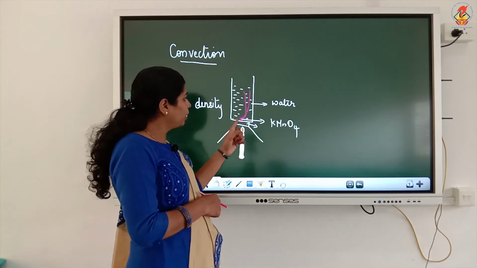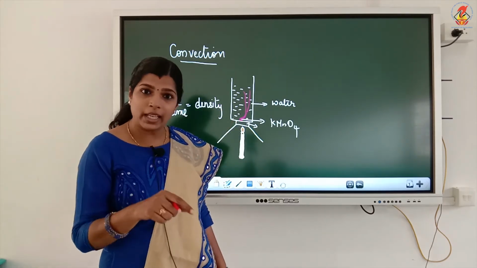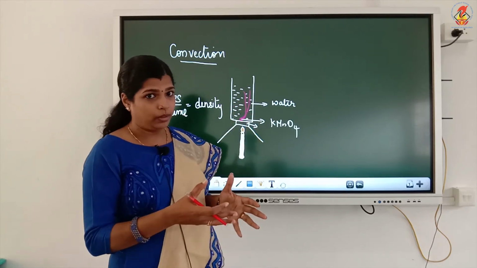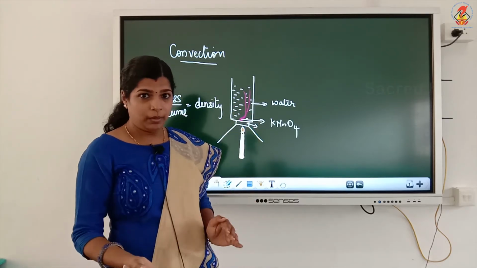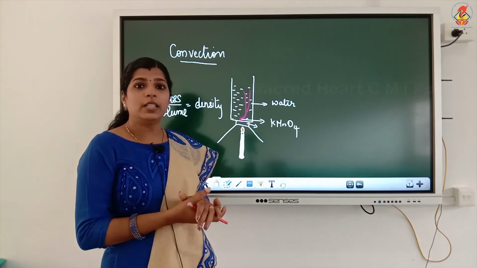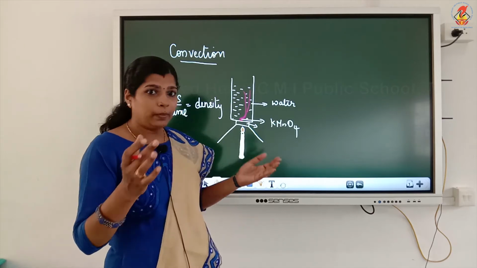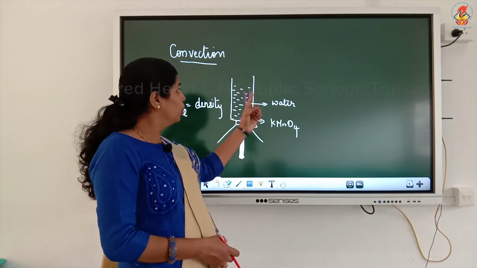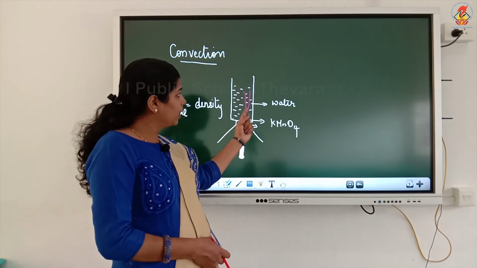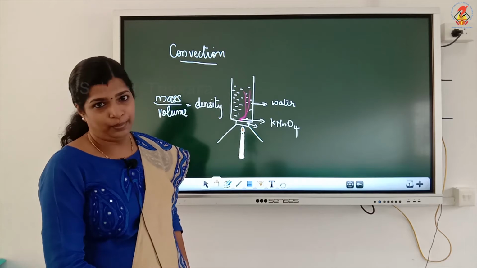So when water in this beaker becomes hot, it expands, the volume increases but the mass does not change, so its density decreases. It becomes lighter and moves upwards. This potassium permanganate crystal shows the movement of the hot water.